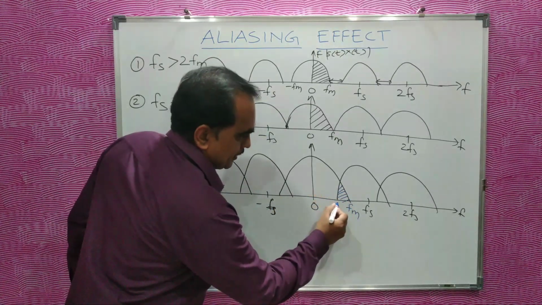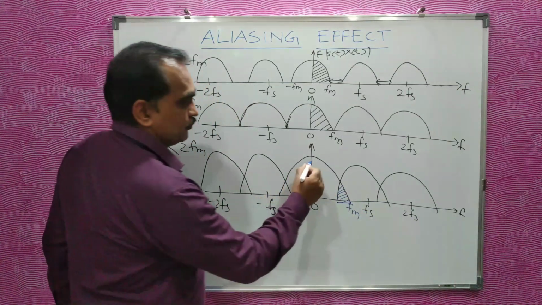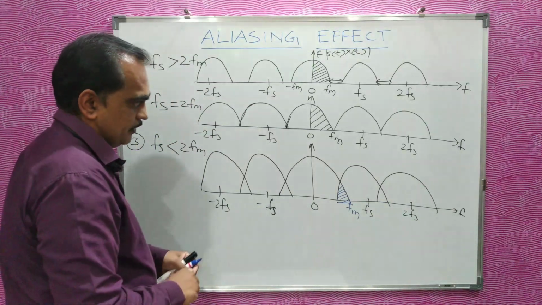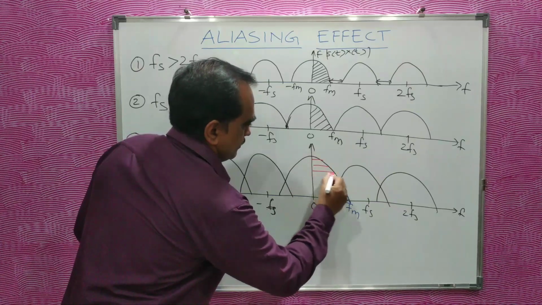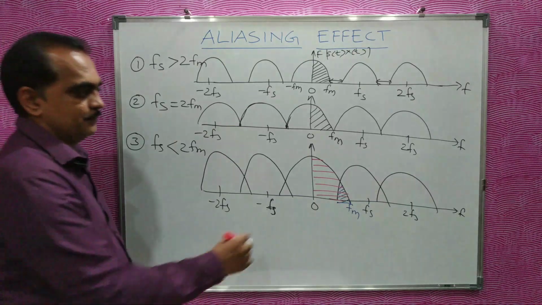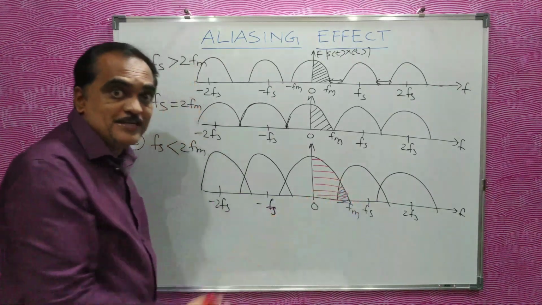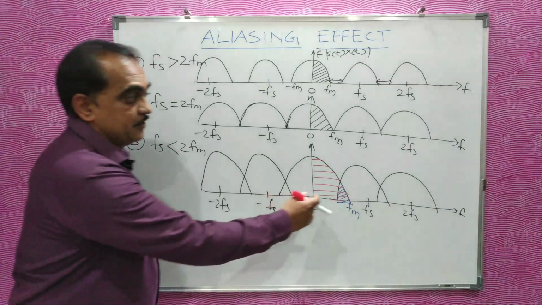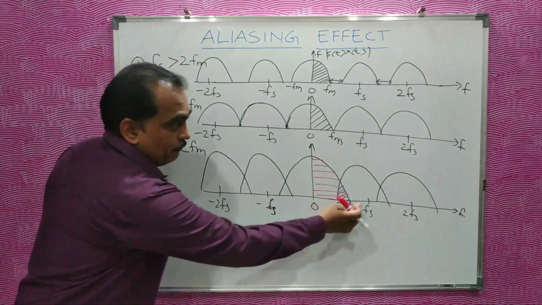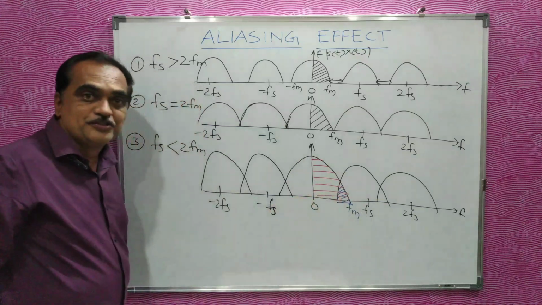This part is the higher part of your signal, and the highest part of the signal is overlapped by the lower frequency of the next double sideband spectrum, which is centered at Fs. The lower frequency of that spectrum overlaps the higher frequency of your original signal.